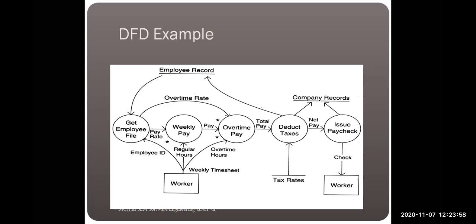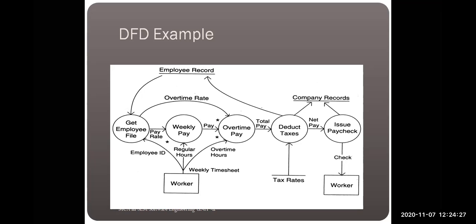So whatever details have been gathered will be processed and again stored into the employee record as well as the company records. To deduct taxes, we need the tax rates which are applicable for a particular employee regarding a particular company.